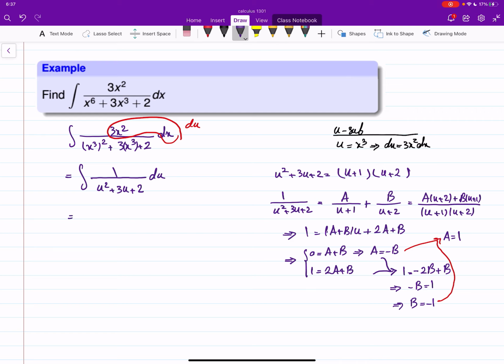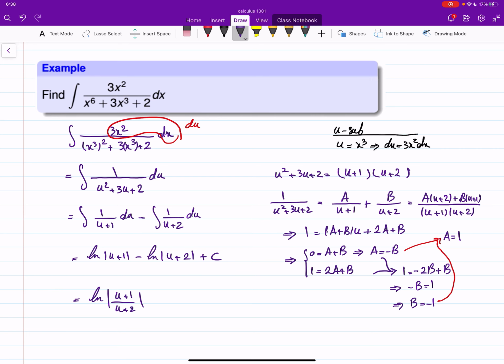So I decompose this as a, which is 1 over u plus 1 du, plus b, which is negative 1, so I'll take the negative out, and then 1 over u plus 2 du. And this gives me ln of absolute value of u plus 1, minus ln of absolute value of u plus 2, then plus c. And actually we can use properties of ln and write this as ln of u plus 1 over u plus 2, plus c.